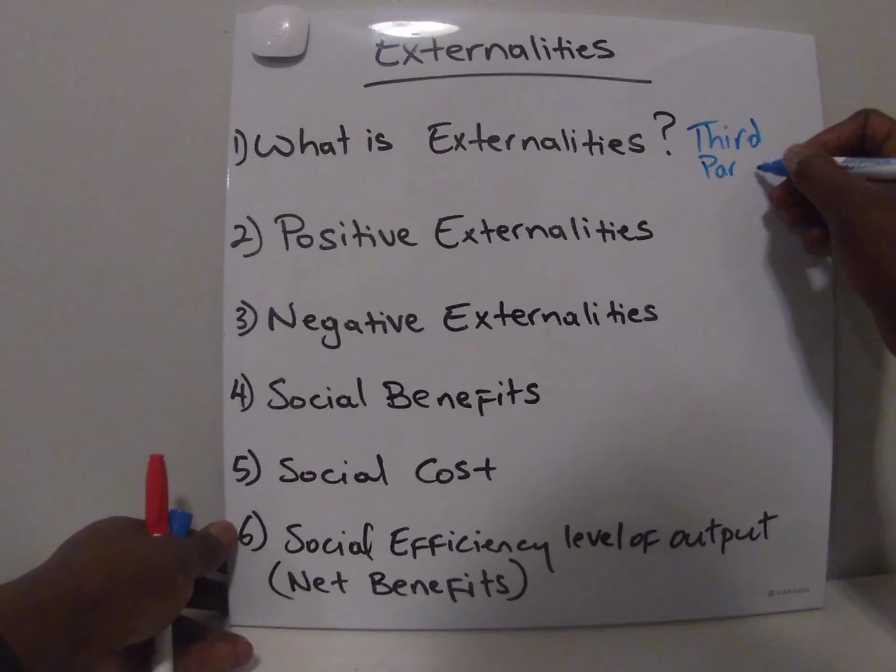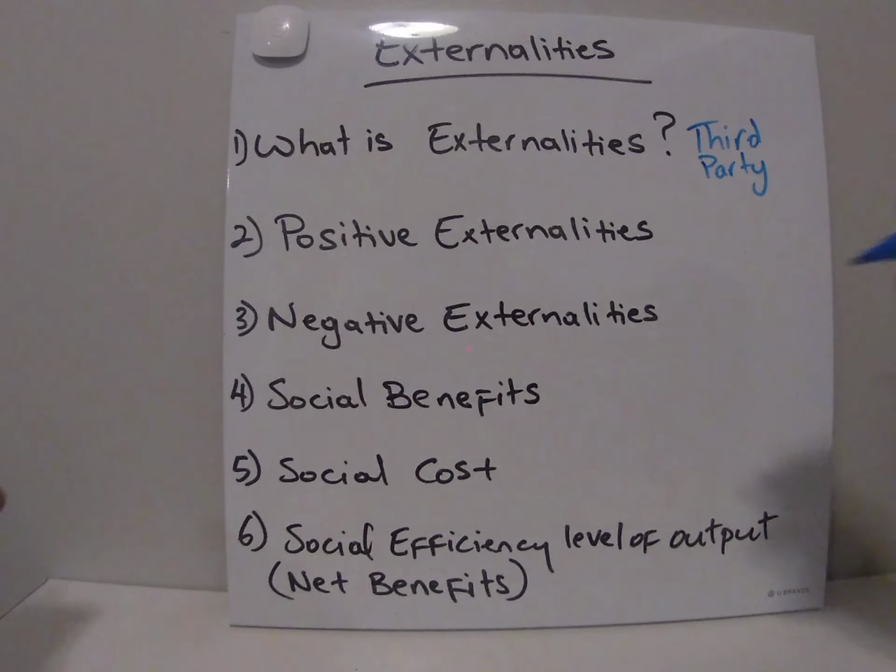All right, third party. What kind of effect or cost or benefit do they get from a particular good or service that is produced within their reach? We're going to touch on positive externalities. A positive externality basically has to do with the benefits that this third party gets.